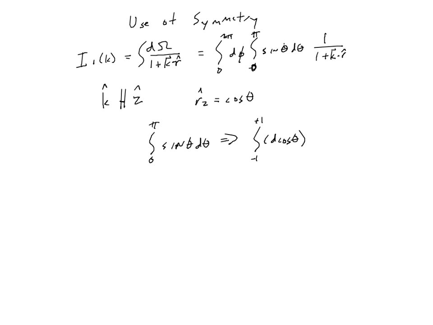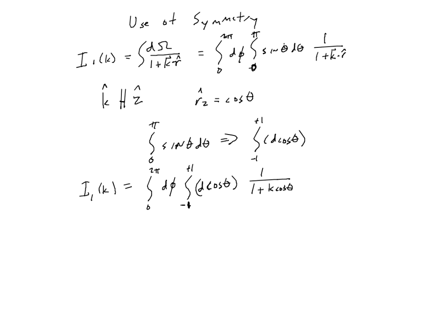So now we can take this integral, and it's going to be equal to the integral from 0 to 2 pi of d phi, and the integral from -1 to +1 of d cosine theta, and then you've got 1 over 1 plus k cosine theta.